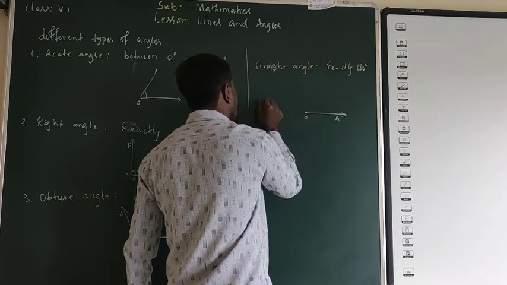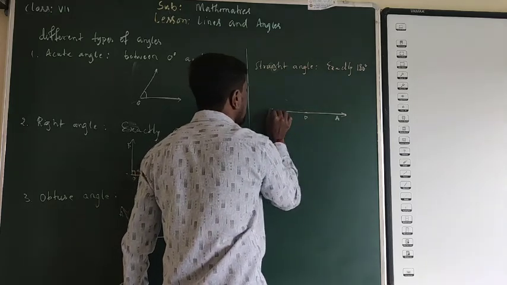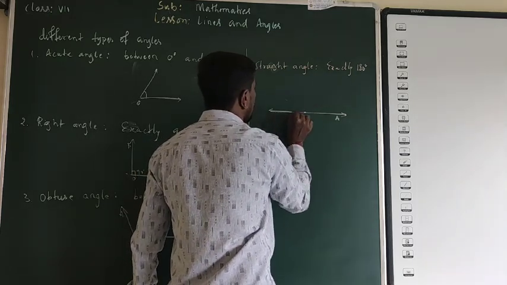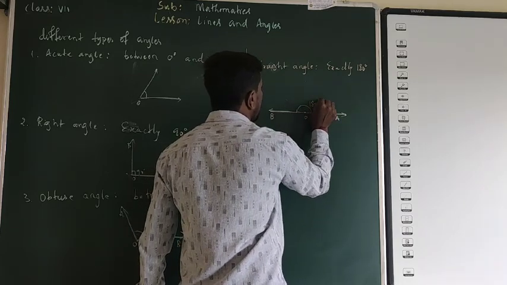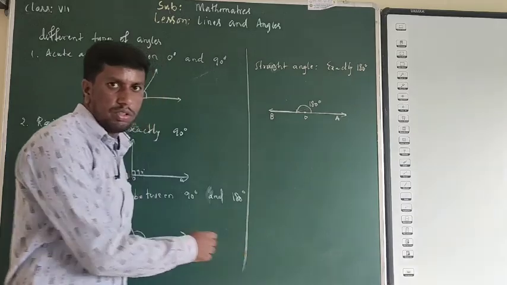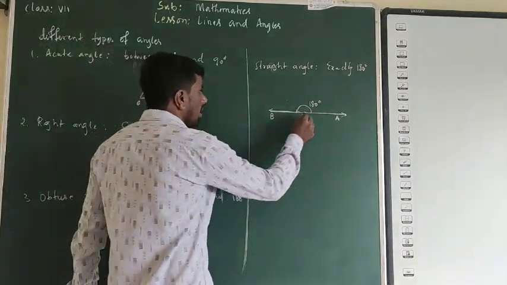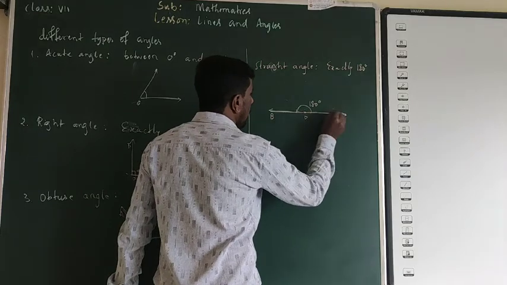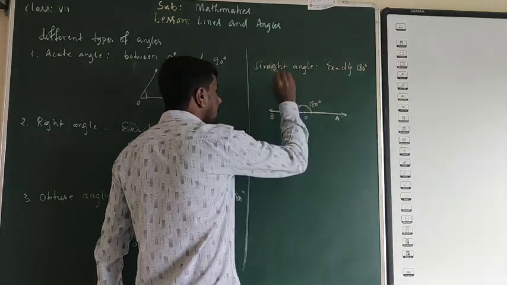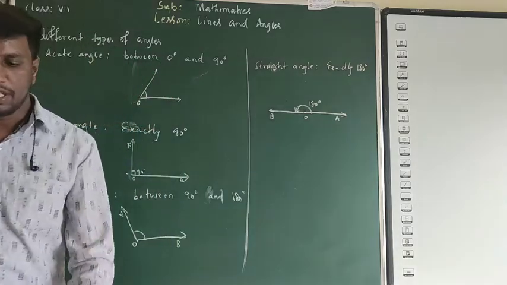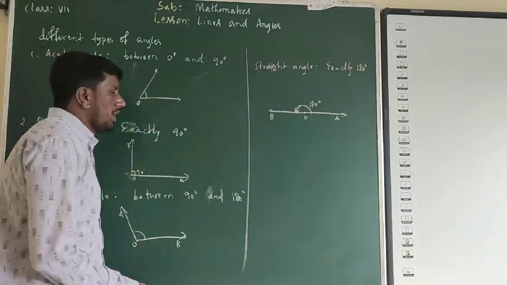If it goes exactly straight opposite to OA, that is ray OB, then that is 180 degrees. The angle is a straight angle. So the angle between ray OA and OB is 180 degrees. If it is exactly 180 degrees, then it is a straight angle.